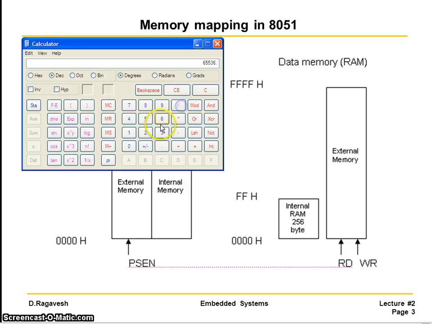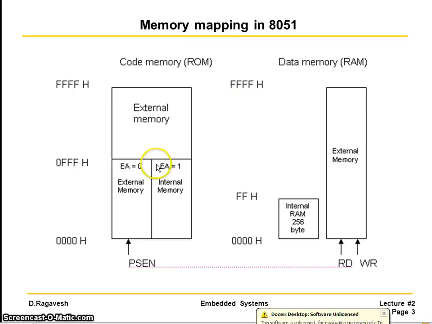When you convert into kilobytes, 1 kilobyte equals 1024 bytes, so you will see 64 kilobytes. The total address spectrum is 64 kilobytes. Based on the type of 8051 or 8052 or other higher-end versions you use, the spectrum will support up to a maximum of 64 kilobytes.